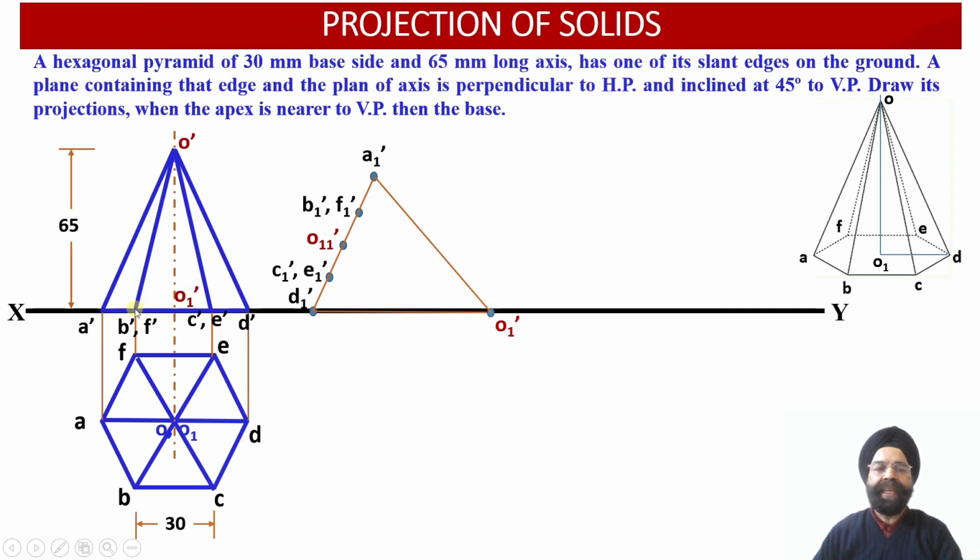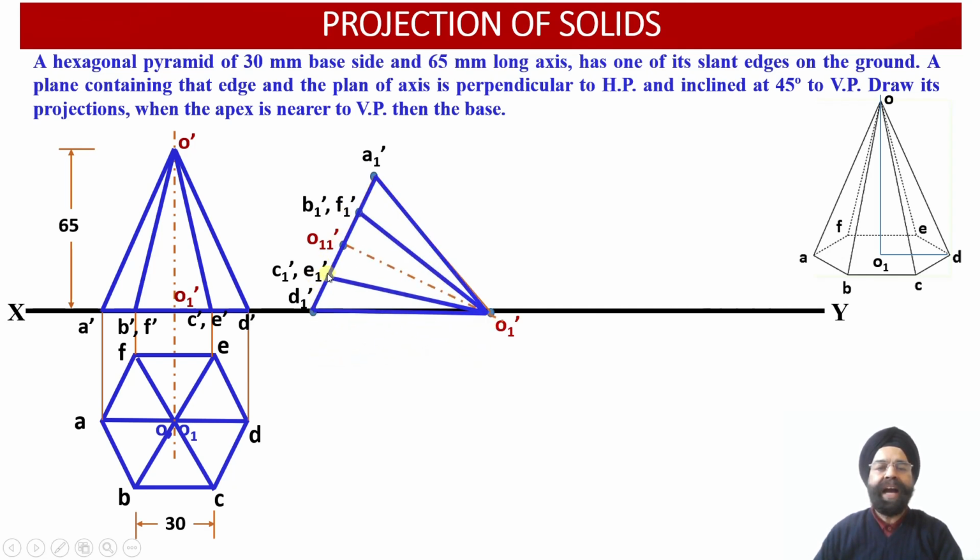Thereafter, we are going to measure the distance between O1 dash and B dash F dash. Once we measure this distance and mark it over here, points B1 dash and F1 dash will also be located.